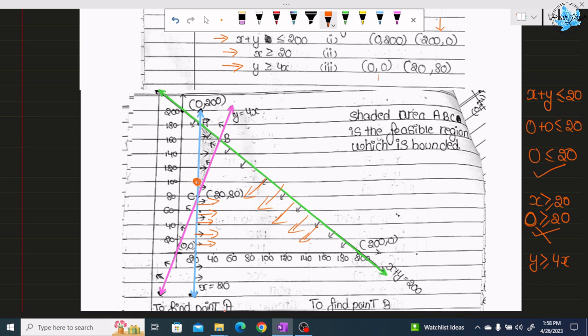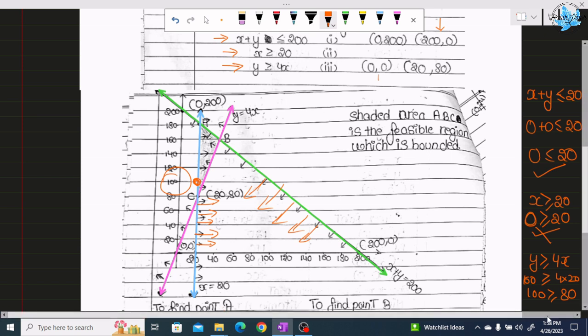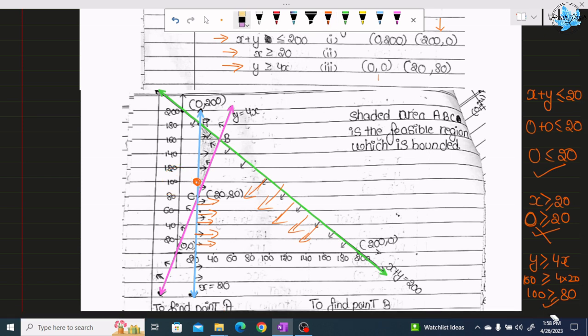Here I can see the value of the x coordinate is 20 and the y coordinate is 100. By solving this, I get 100 is greater than or equal to 80. So it satisfies this equation, which means the pink line graph will be shaded towards the y-axis.